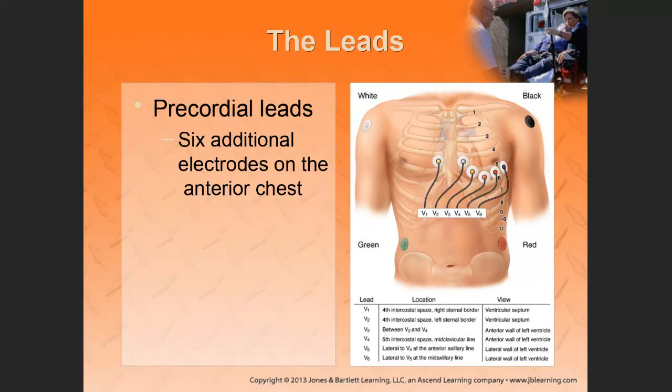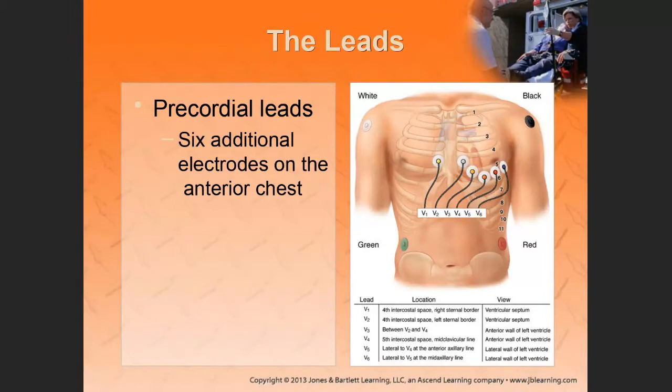Lead V3 and V4 cannot be in the inferior leads, they're anterior leads. So if I am doing a 12 lead ECG, the leads that look at the inferior portion of the heart would be lead 2, lead 3, and AVF. Thank you, Ms. Beckford.